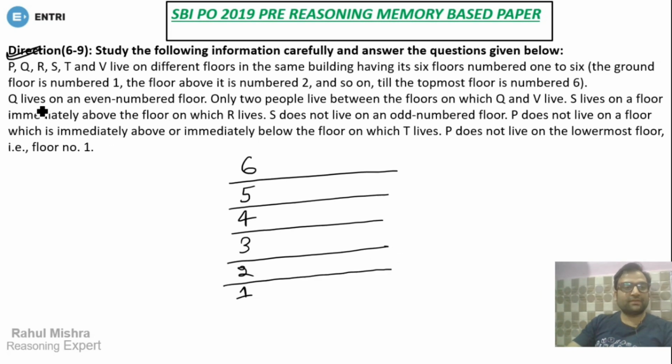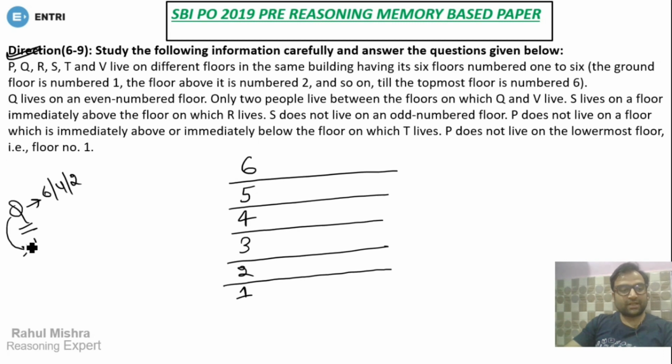Now Q lives on the even numbered floor. So there are 3 possibilities for Q, that is Q can be on 6, 4 or second floor. So we will make it a footnote. Now only 2 people live between the floors on which Q and V live. So between Q and V there are 2 persons.